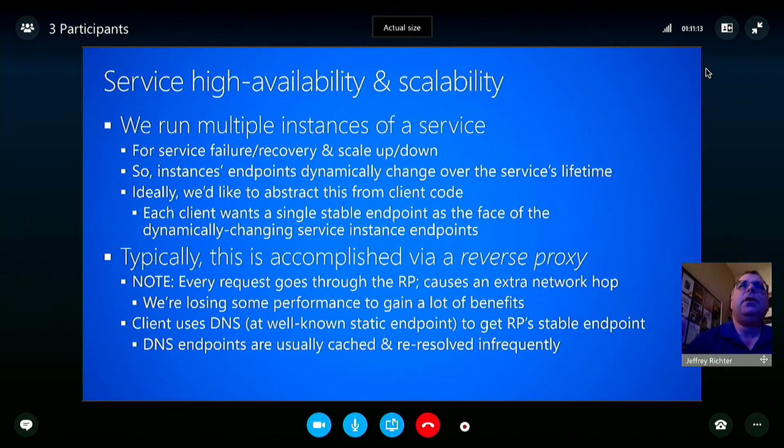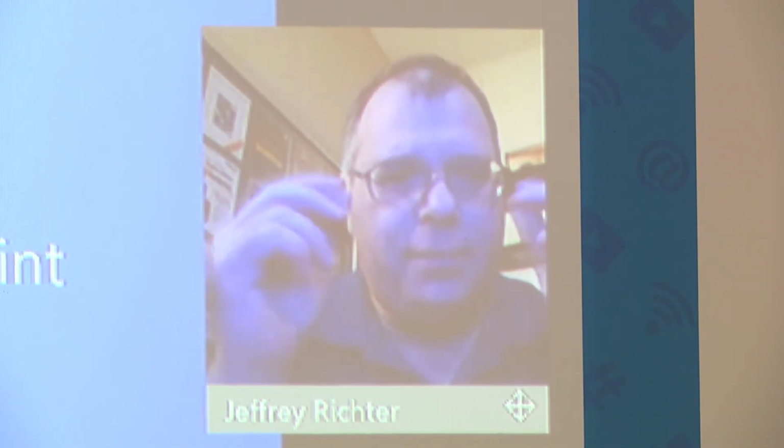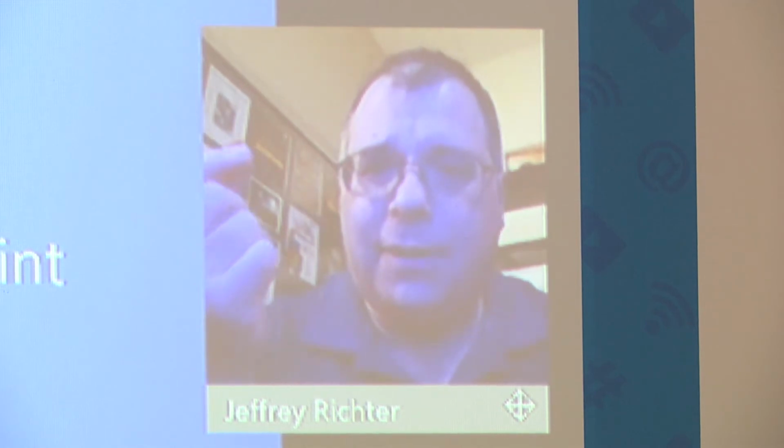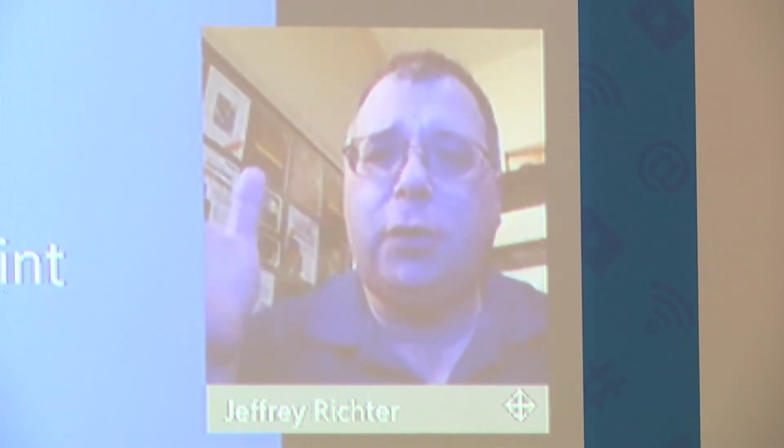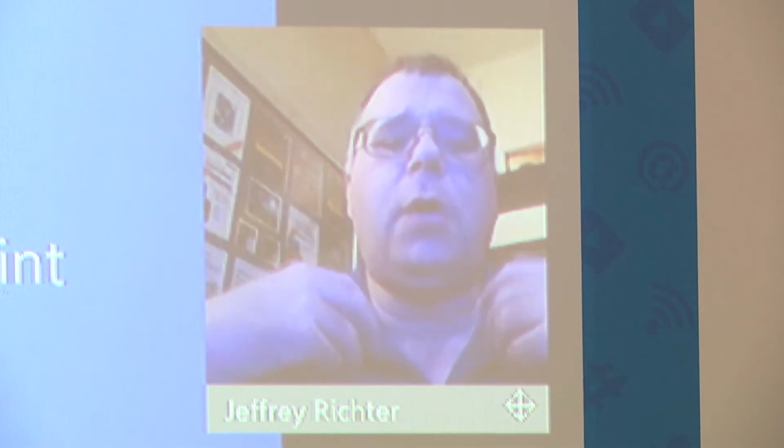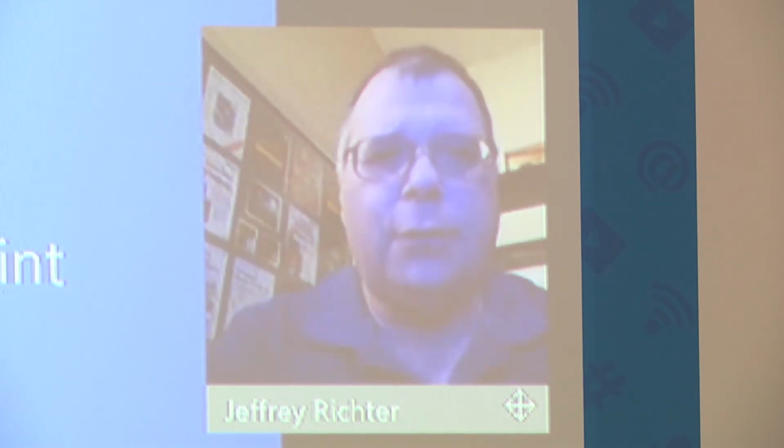And typically, we accomplish this using what's called a reverse proxy. So this means that every client request is going to go through the reverse proxy. Now, this level of interaction causes an extra network hop, right? So that's going to hurt our service level agreements, and it's going to increase our latency, but we're going to get better fault tolerance, right?